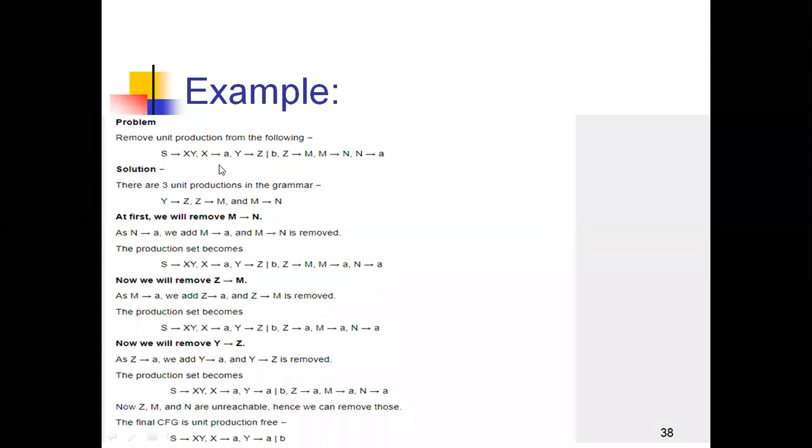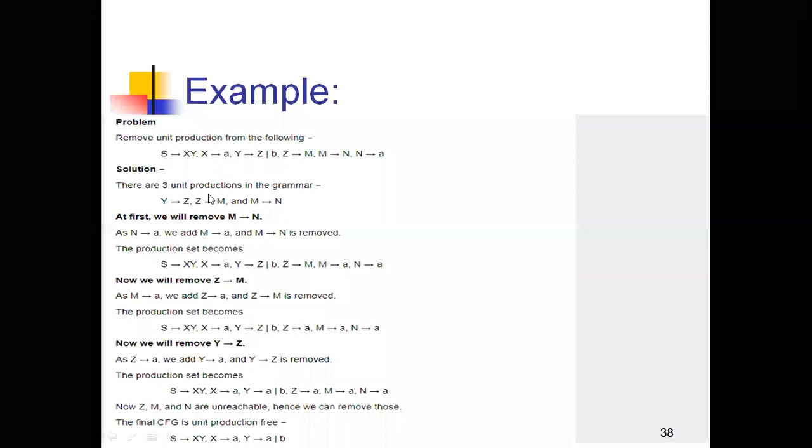Before seeing this grammar, you need to remember the syntax of unit productions. Always the left-hand side should be one variable, and in the format A tends to beta, the beta should be a single variable, then we can say it is a unit production. So now there are three unit productions in the grammar: y tends to z, z tends to m, m tends to n.